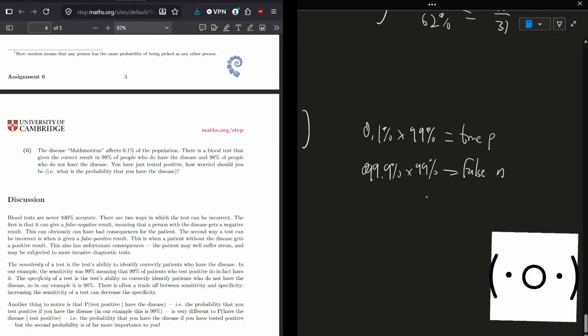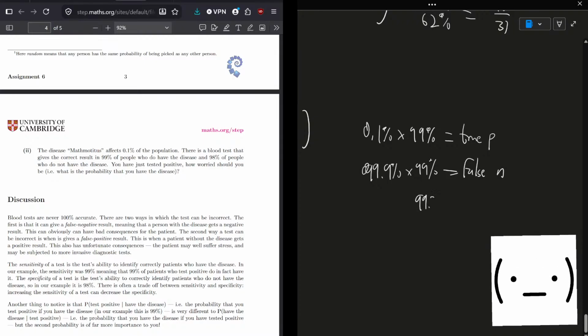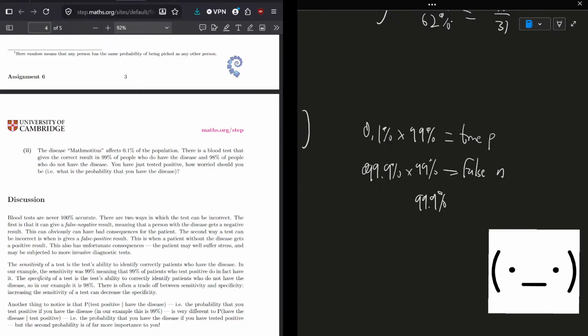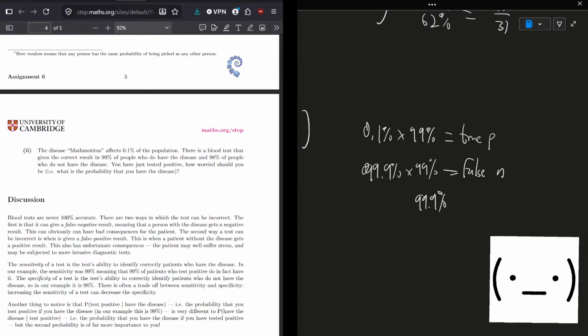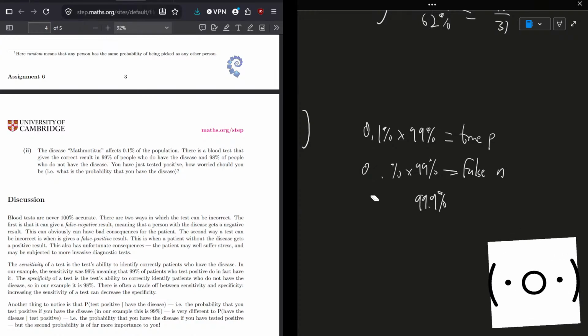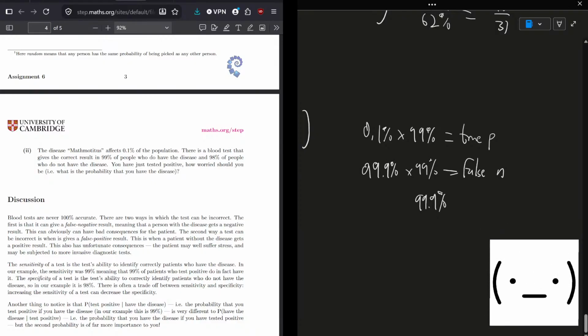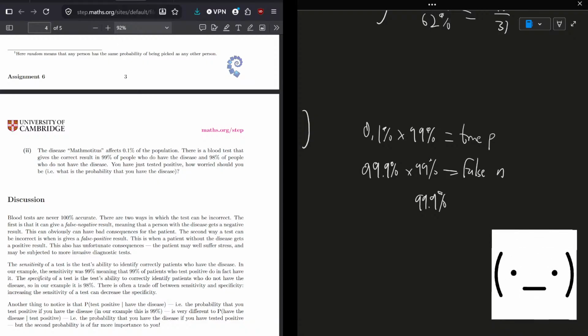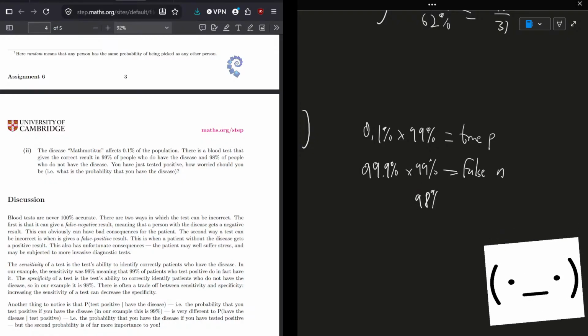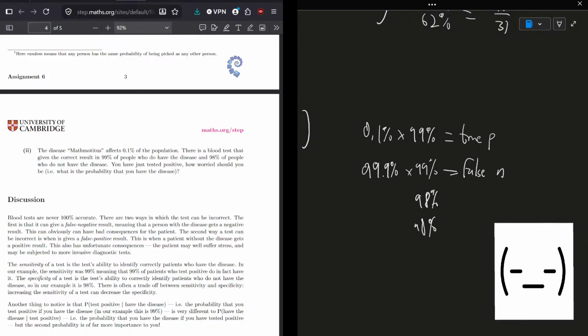And similarly, oh wait, I did it wrong. Okay, so this is wrong. Sorry. Okay, so now 98%. So now we're looking at the people who don't have the disease.